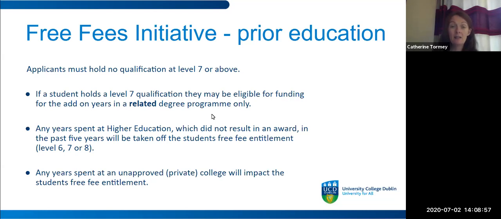And any year spent at an unapproved or private college will impact on the student's free fees entitlement. So by an unapproved or private college, I mean Dublin Business School or independent colleges, any of those third level colleges, they're not on the approved list from the HEA.